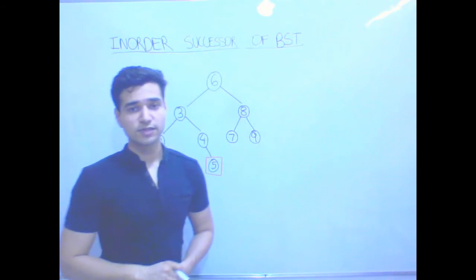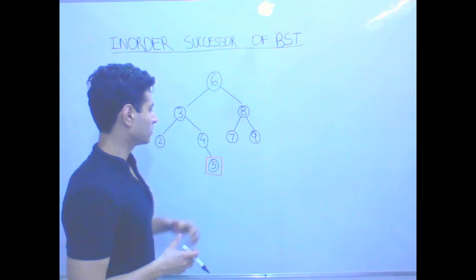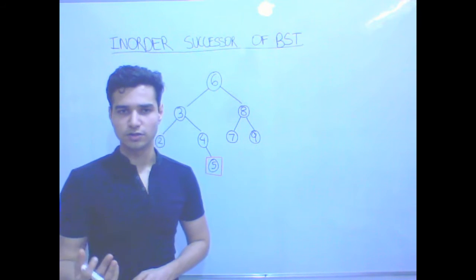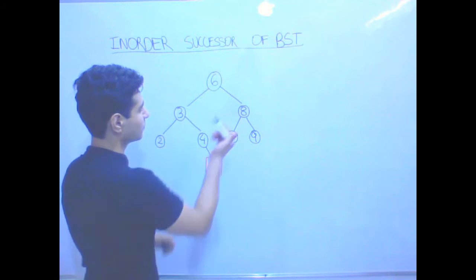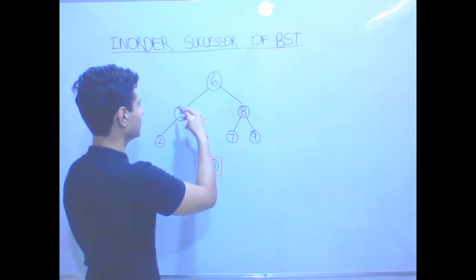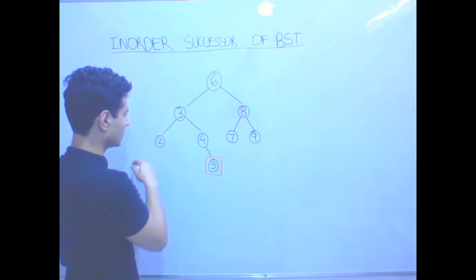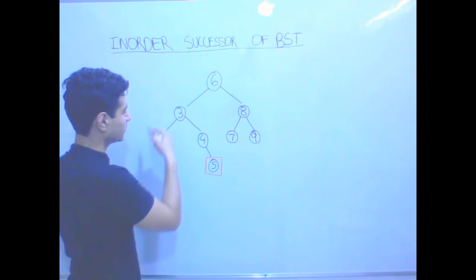The easiest way is we can have an array and find out the in order traversal of this whole tree. We can do that using recursion or a stack. Its in order traversal would be: first we are at the sixth node, then we will go left and left. We will store 2 because it does not have a left, and it does not have a right, so we again go back.